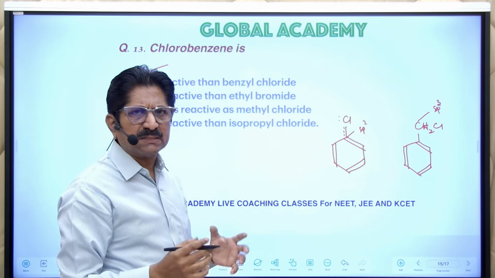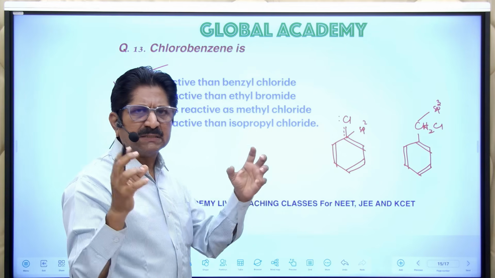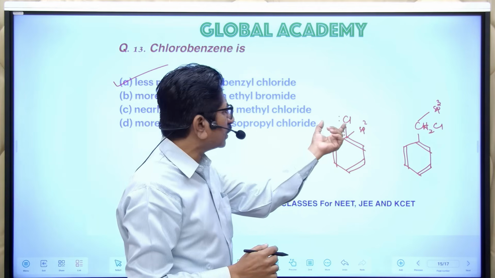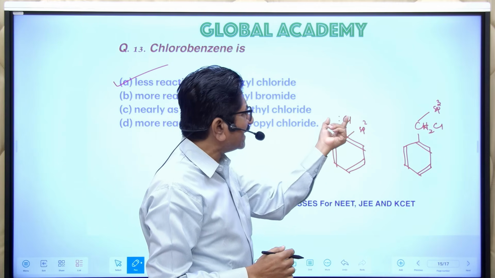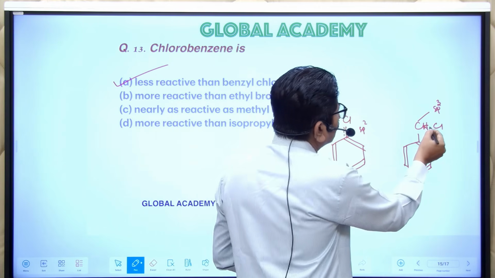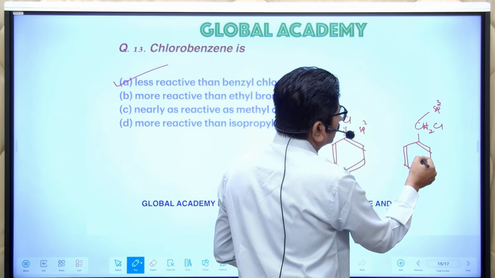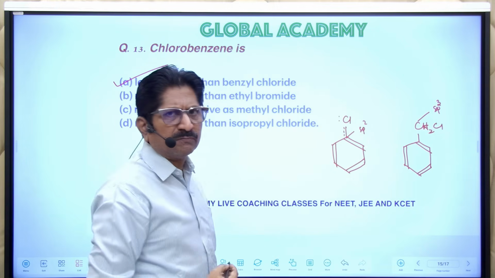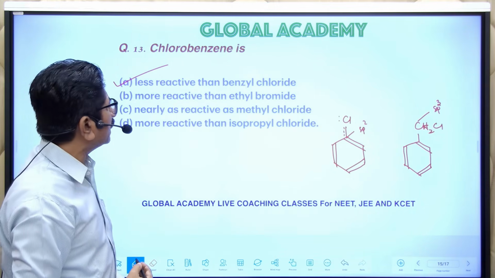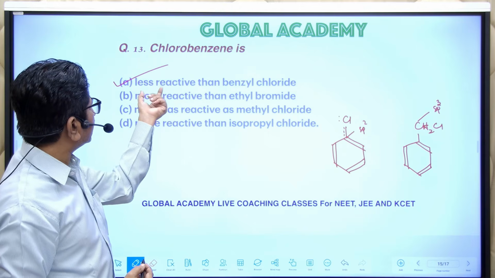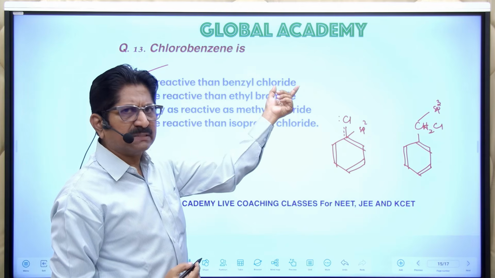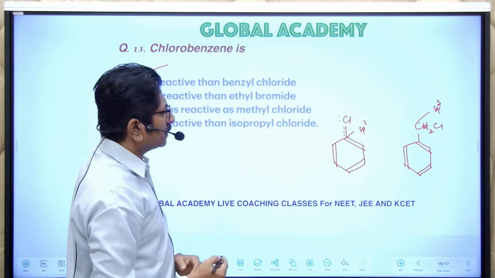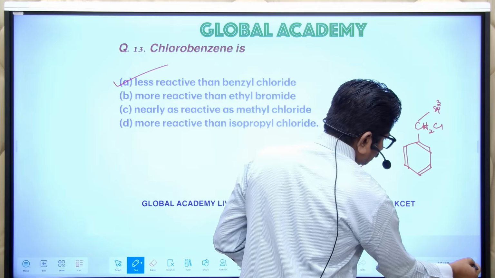Since the chlorine atom is directly linked to the benzene nucleus, this chlorine is less reactive, whereas here the chlorine is not directly linked and the carbon is sp3 hybridized. This chlorine is easily available for the reaction, and because of that chlorobenzene is less reactive than benzyl chloride. That is the answer for this question.